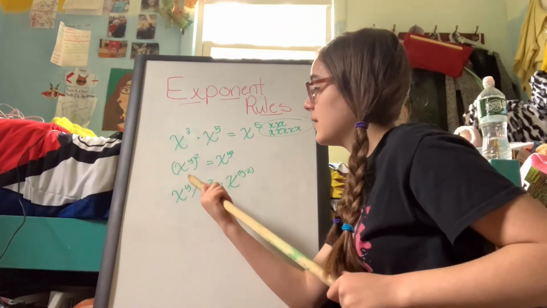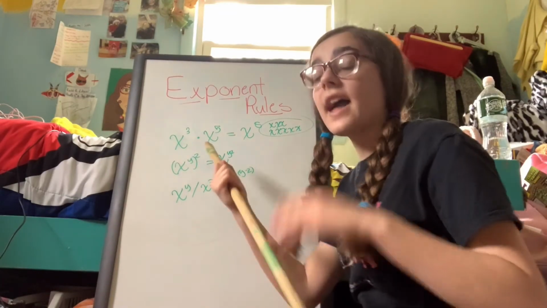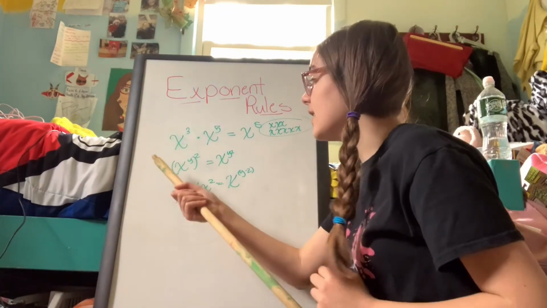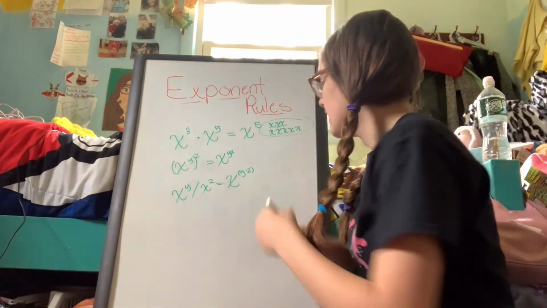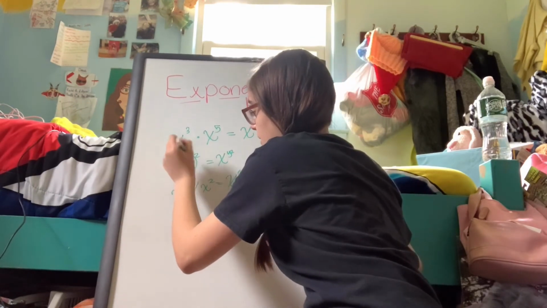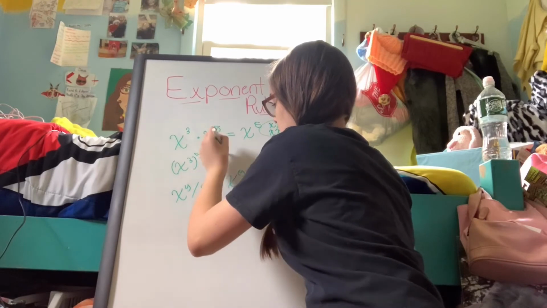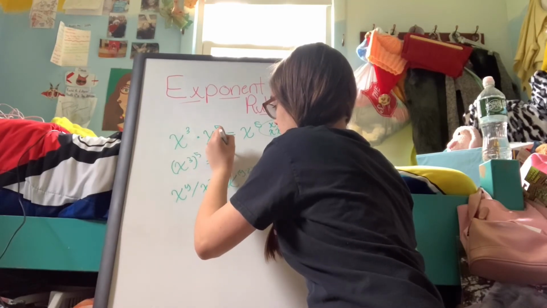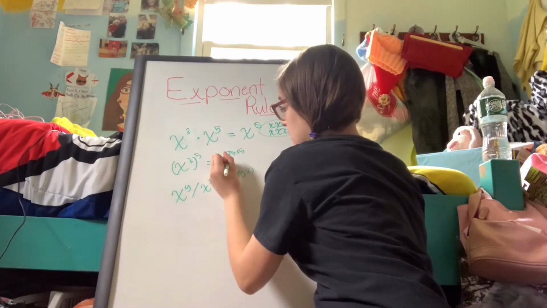And now, x to the y, to the z equals x to the y times z. This is because if I have a group of, say, again, 3, x to the 3rd to the 5th, x to the 3 times 5 equals x to the 15th.